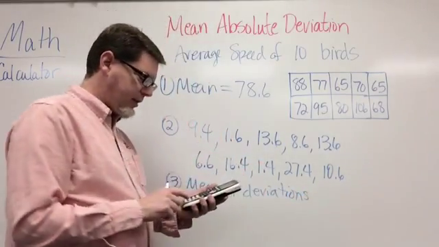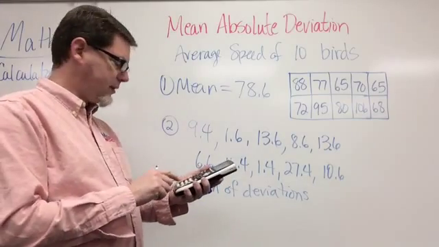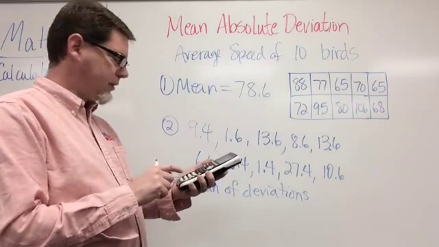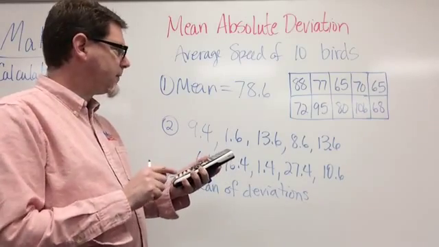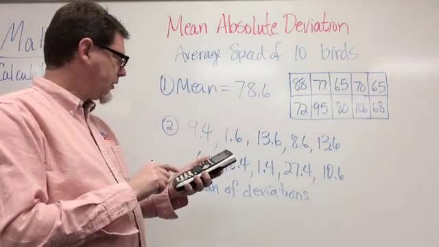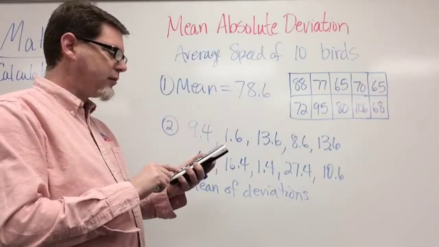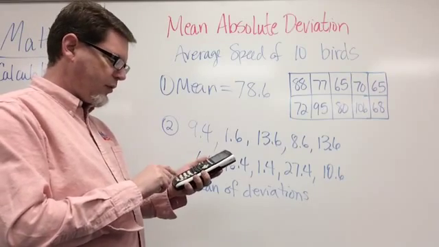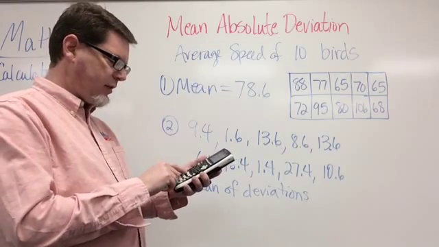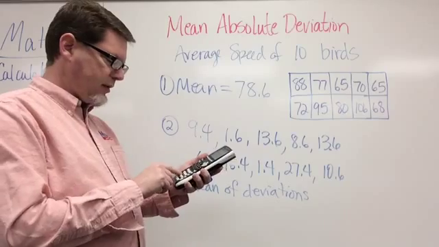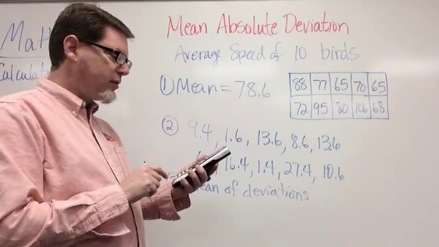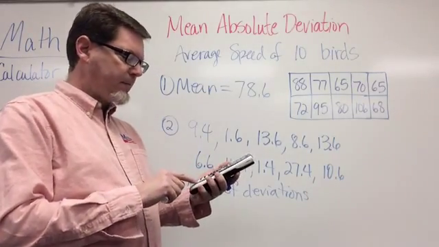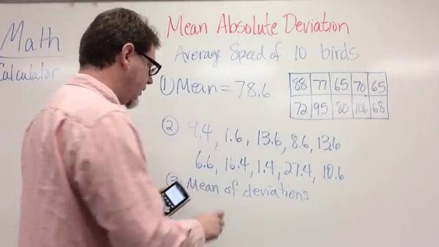So I add all those numbers together. 9.4 plus 1.6 plus 13.6 plus 8.6 plus 13.6 plus 6.6 plus 16.4 plus 1.4 plus 27.4 plus 10.6. Enter. I get 109.2. I divide that by 10, and I get 10.92.